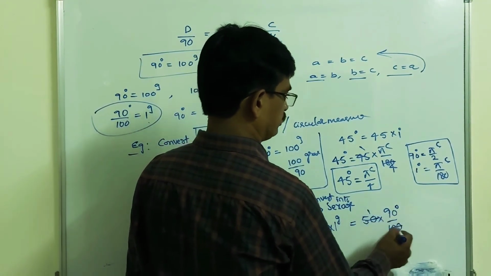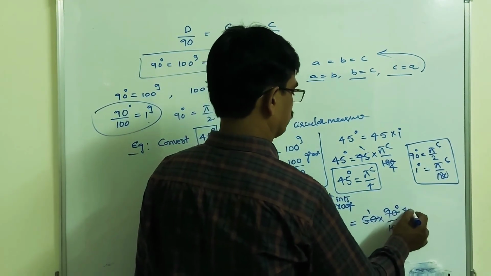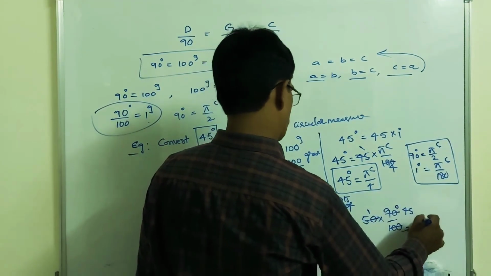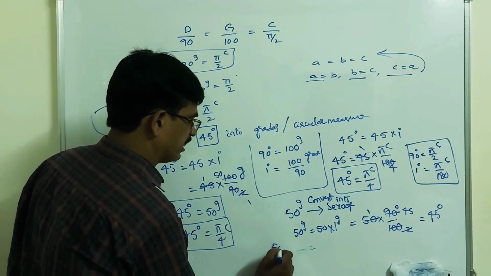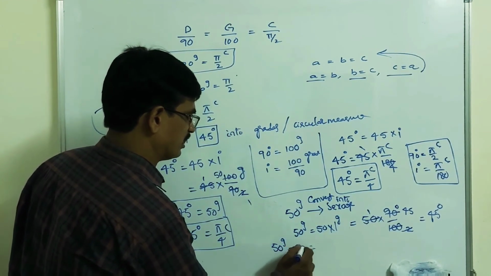Now 50 ones are 50, 2 fives are 10, so 45 degrees. See, 50 grades is equal to 45 degrees.